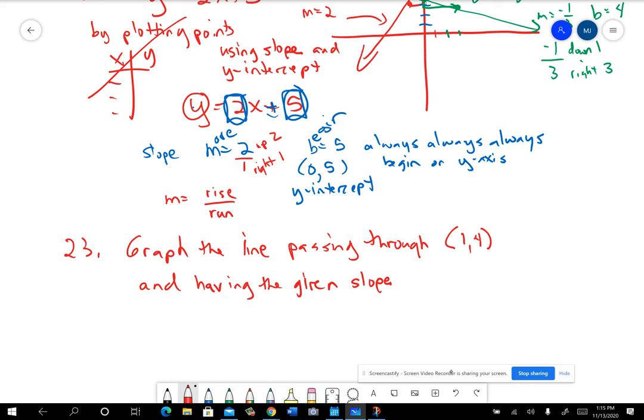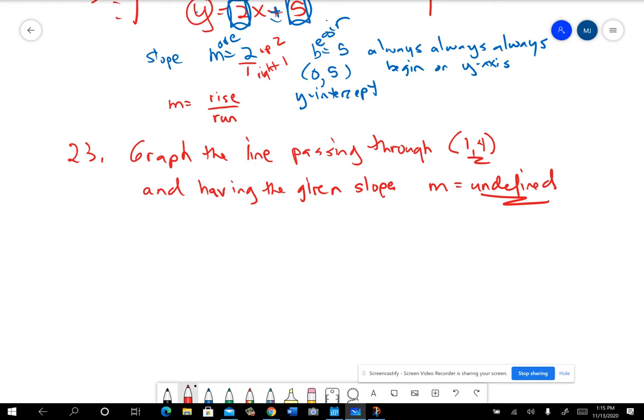And the slope is undefined. So point 1, 4, slope undefined.